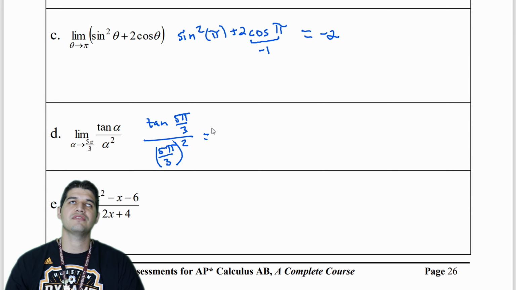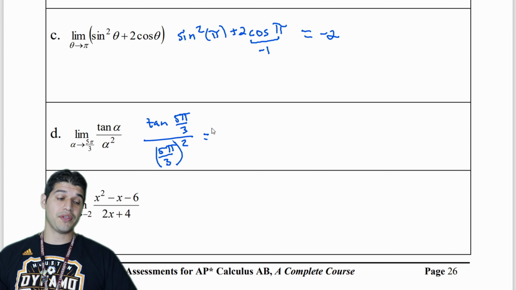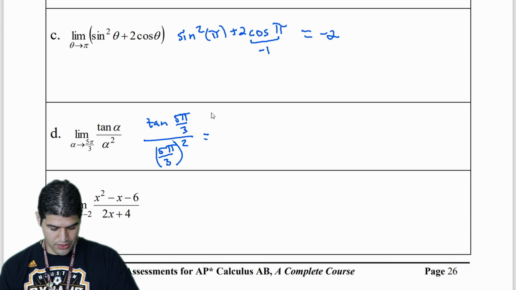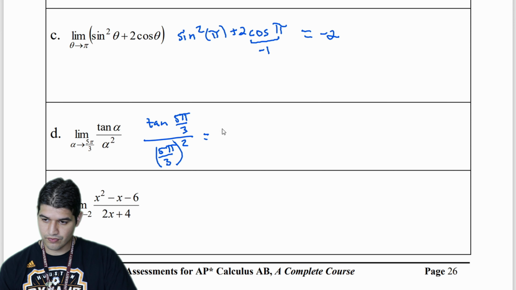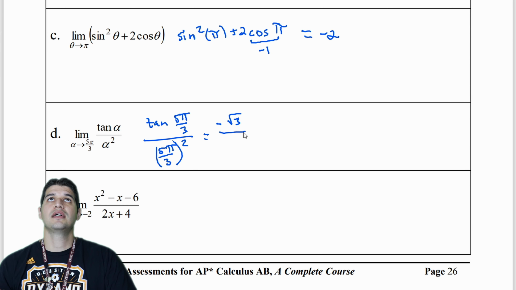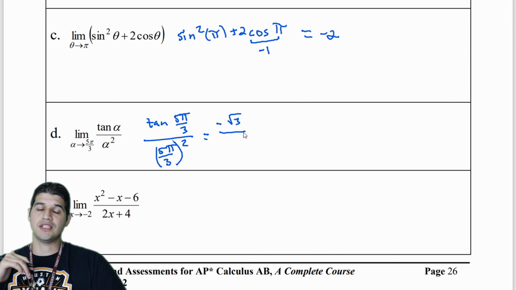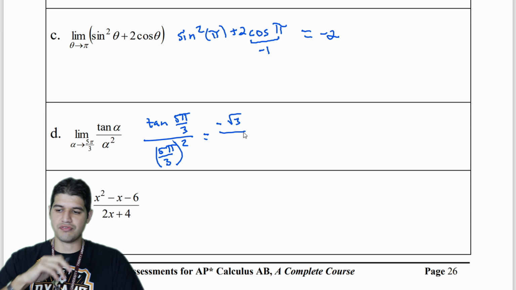All right, so tangent of 5 pi over 3, that's in the fourth quadrant, and that's going to get us square root of 3 over 1, so square root of 3 in the numerator. And it's going to be negative because the sine values, or the y value of that function, is going to be negative. It's in quadrant 4.